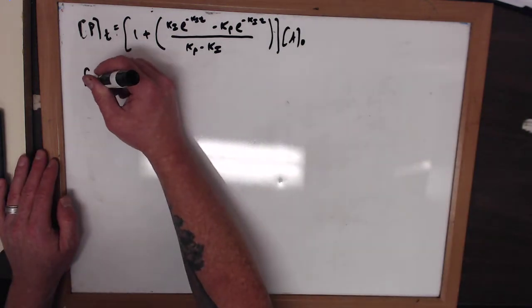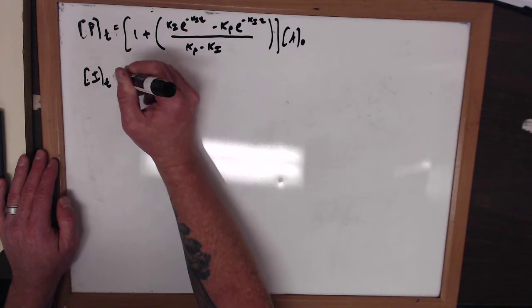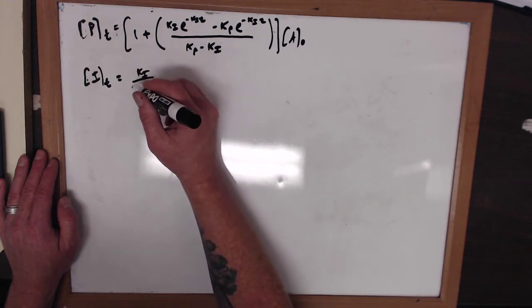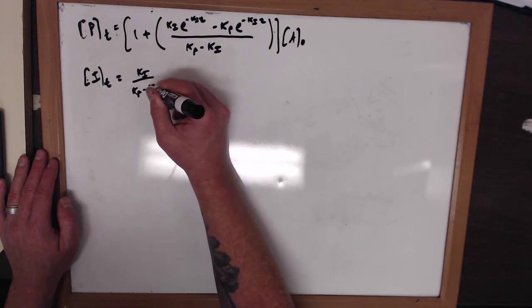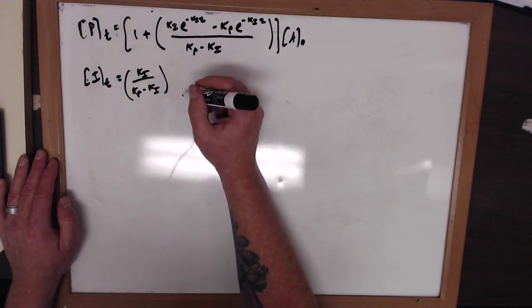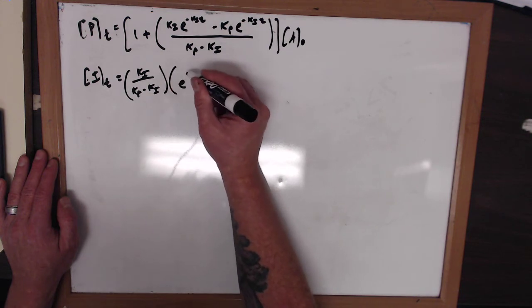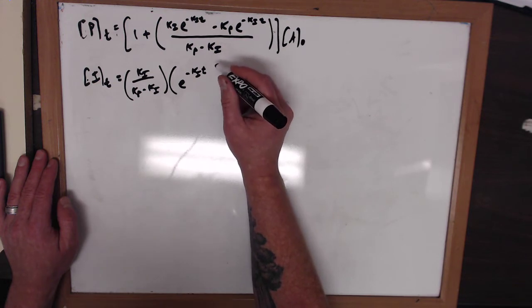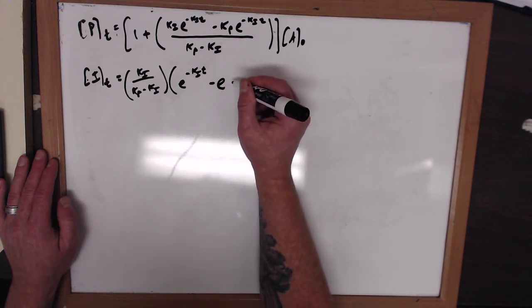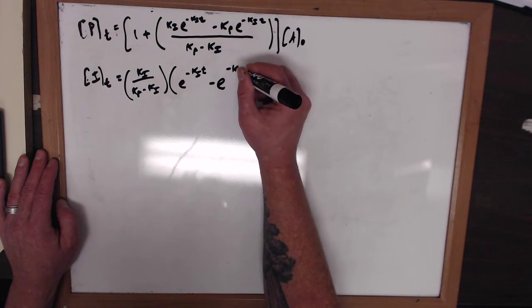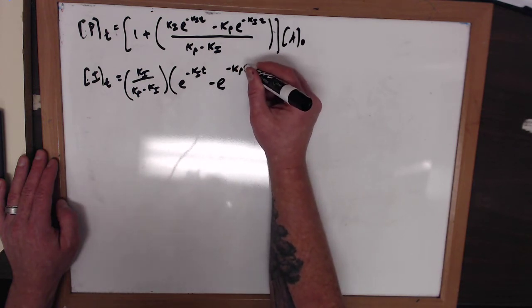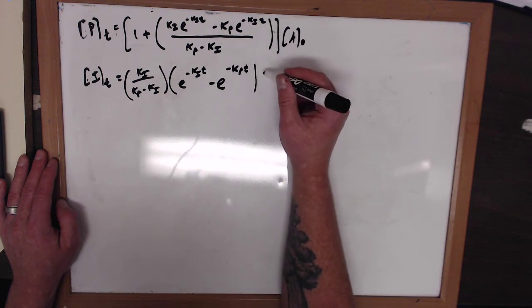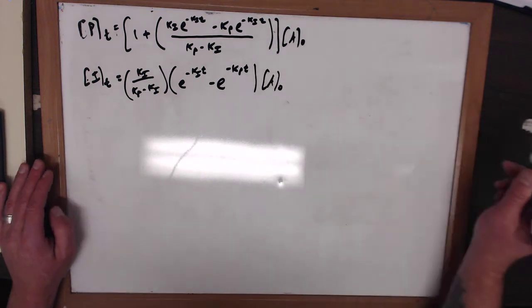We'll write down our expression for the concentration of I at any time t here, which recall went as Ki divided by Kp minus Ki, all times e raised to the minus Ki t minus e raised to the minus Kp t, and that's end bracket, and then that's all times the initial A concentration as well.